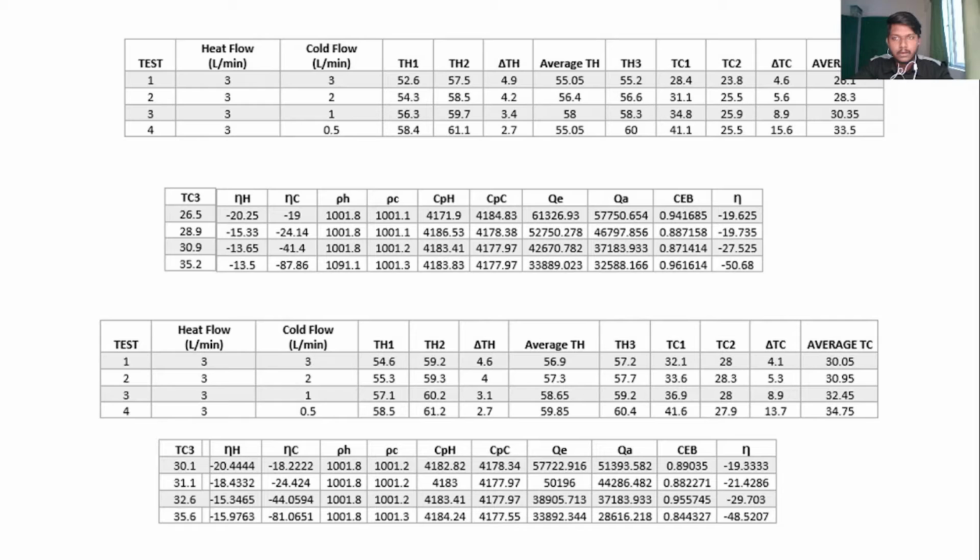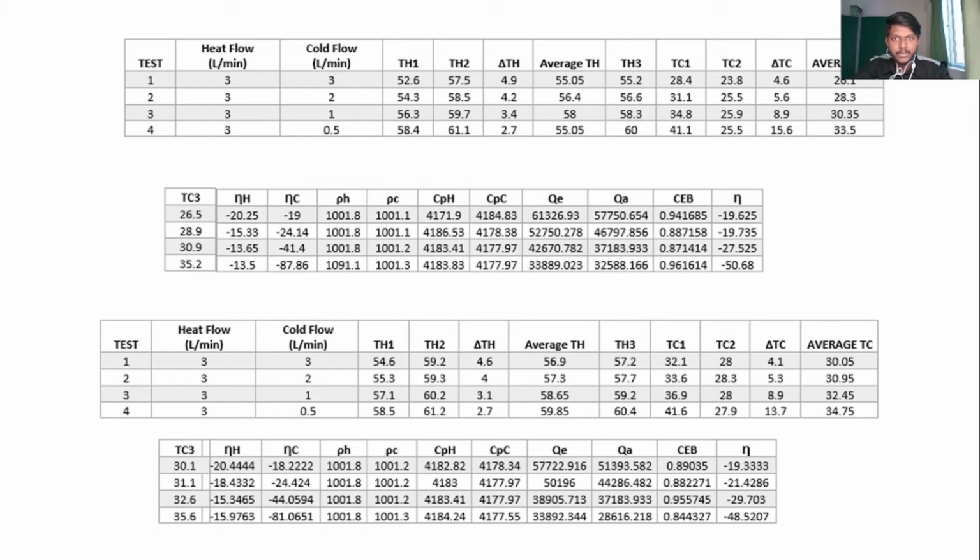So the heat efficiency of the hot side, NH, has the value negative 20.25 for test 1. NC, the efficiency for cold, is negative 19, and the density rho H for hot is 1001.8, then rho C for cold is 1001.1.